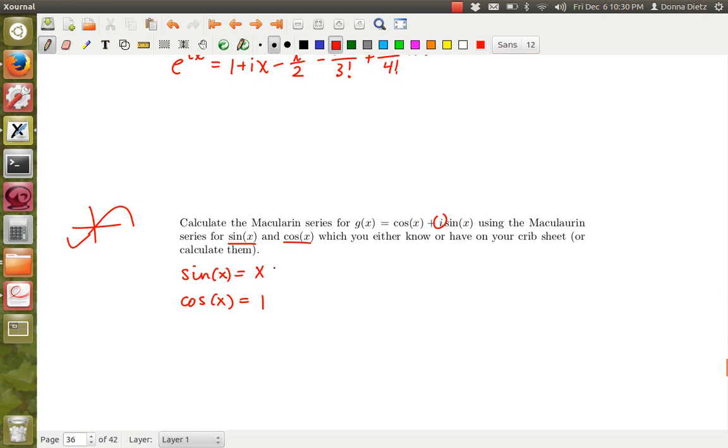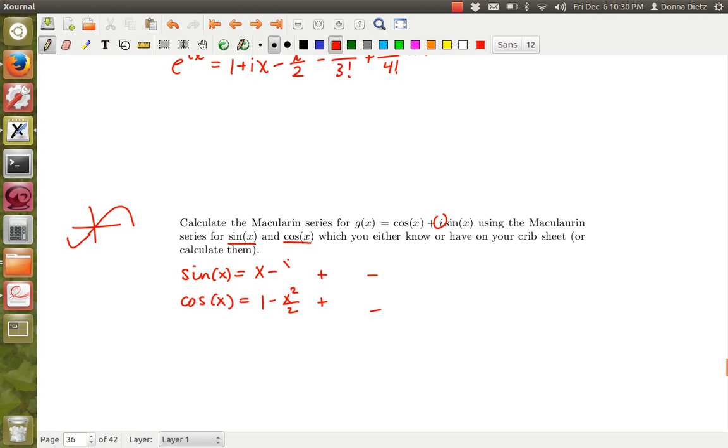So then you're going to just keep putting terms in here, except this is going to be alternating. So I meant to say minus. Pluses, minuses.